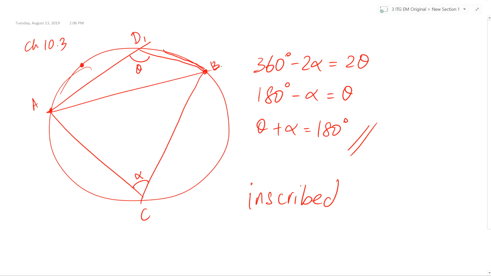If I draw a line AB, can you see 2 segments? There is a minor segment with theta, there is a major segment containing alpha. So alpha and theta, they are angles in opposite segments. And they will add up to be 180 degrees. This is the next thing that we have just discovered. Angles in opposite segments.